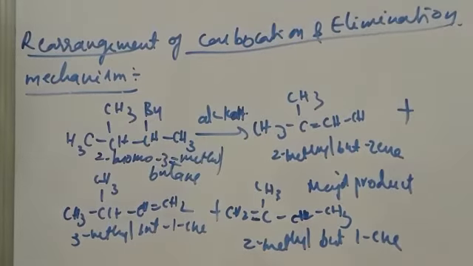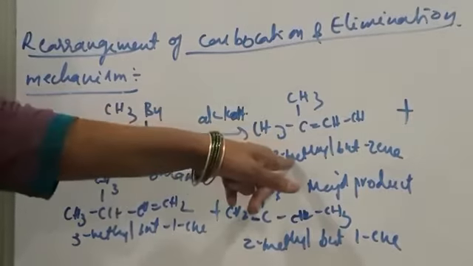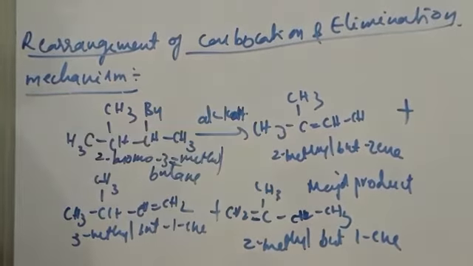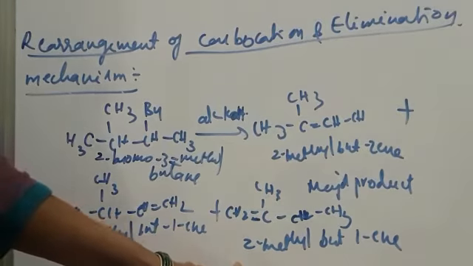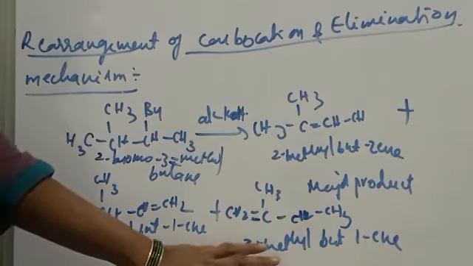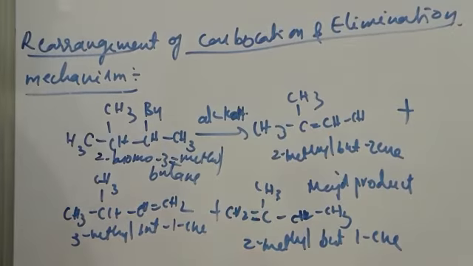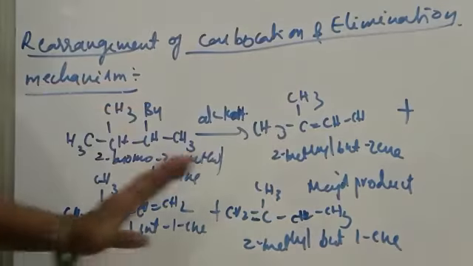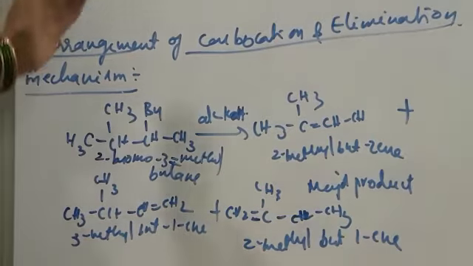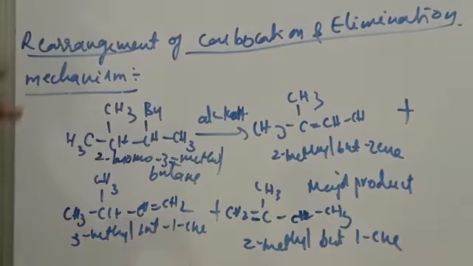Along with it, we also get 3-methyl-but-1-ene and 2-methyl-but-1-ene. Okay, so these are the minor products. So these products form through rearrangement of carbocation in the elimination mechanism.